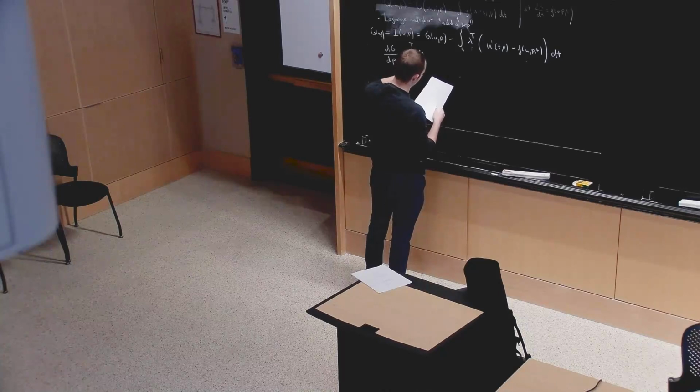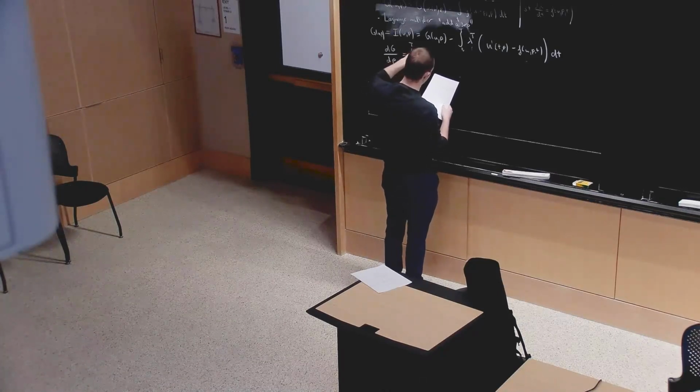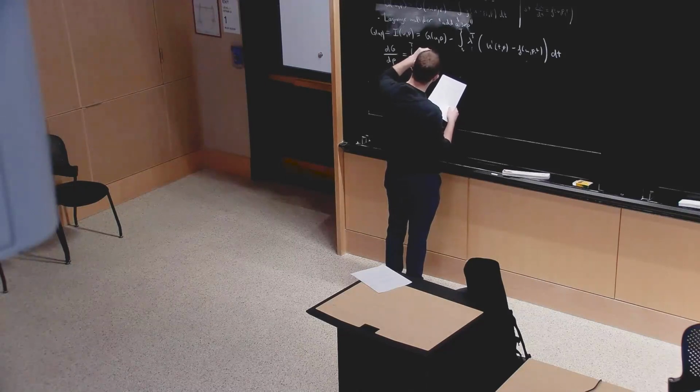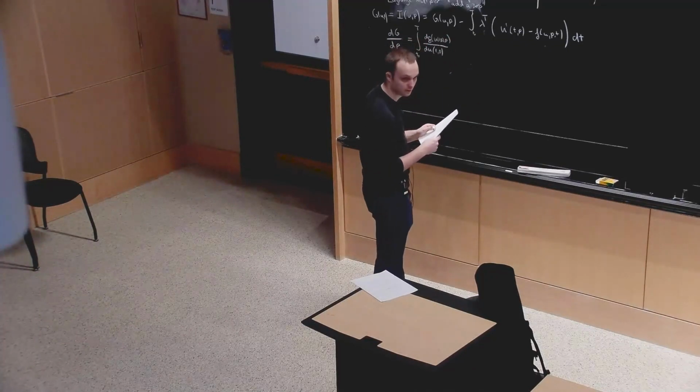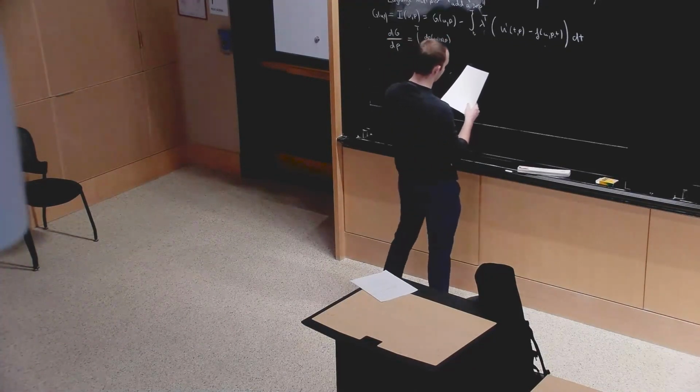For now, think of p as a scalar, but in general it could be a vector, and it's a gradient instead of dg. Probably this is a gradient transpose. Yeah, it's what we were calling G prime.